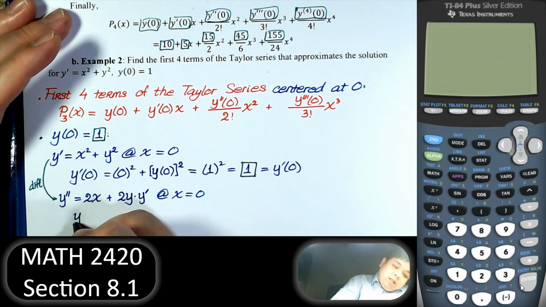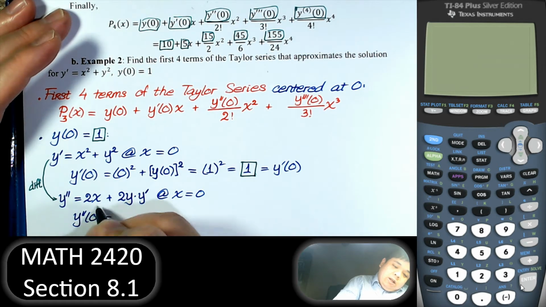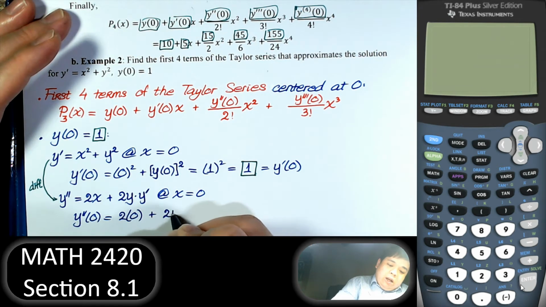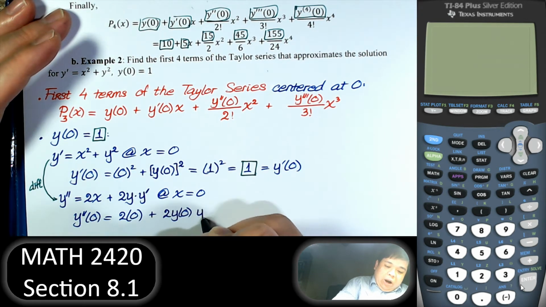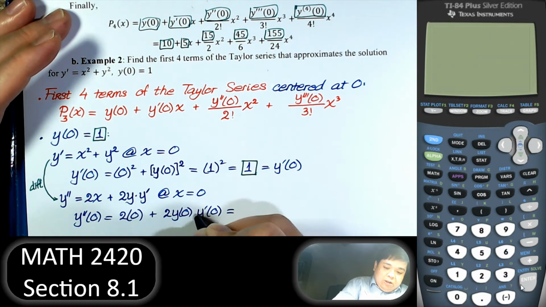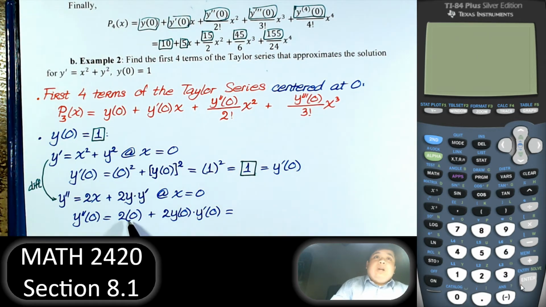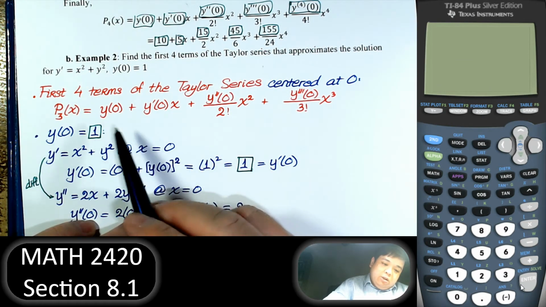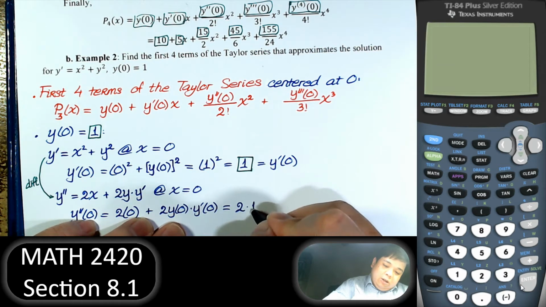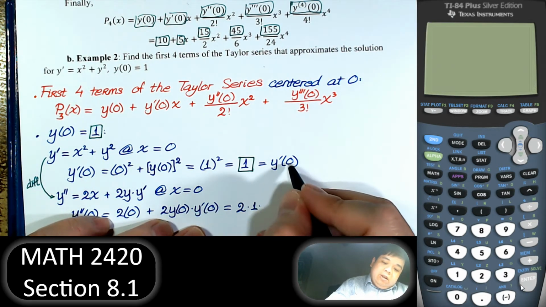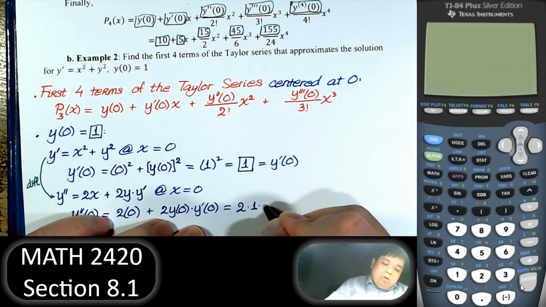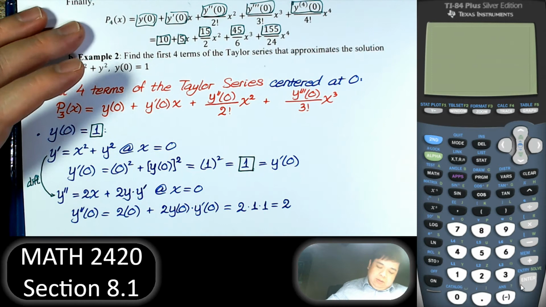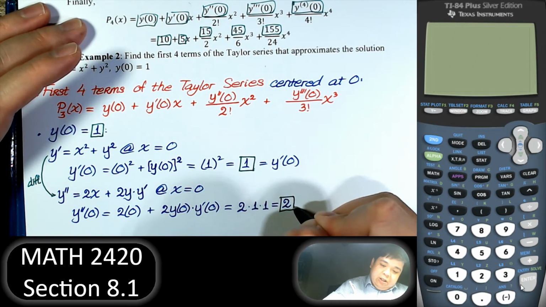So we have the second derivative at 0: 2 times x, which is 0, plus 2y of 0 times y prime of 0. 2 times 0 is 0, 2 times y of 0 is 2 times 1, and the derivative at 0 is also 1. So that gives us 2. So that's the next coefficient.